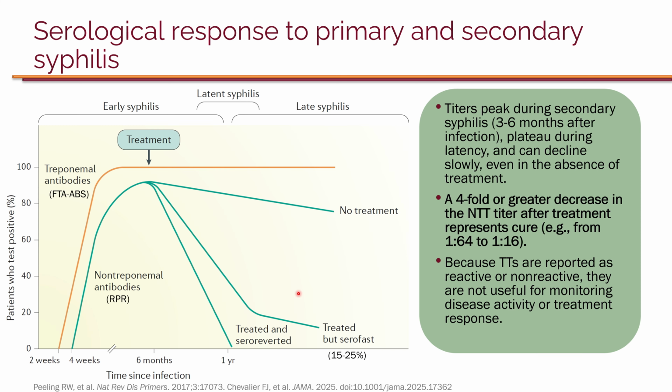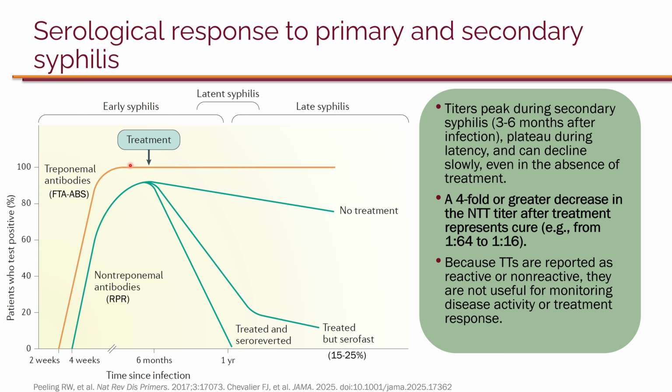Now let's take a look at the kinetics of these serologic responses. So essentially, you can see that the first group, which is treponemal tests, once the patient has infection, these levels start to go up, and then they peak during secondary syphilis, and then even if the patient gets treatment, these levels continue to be elevated throughout life.